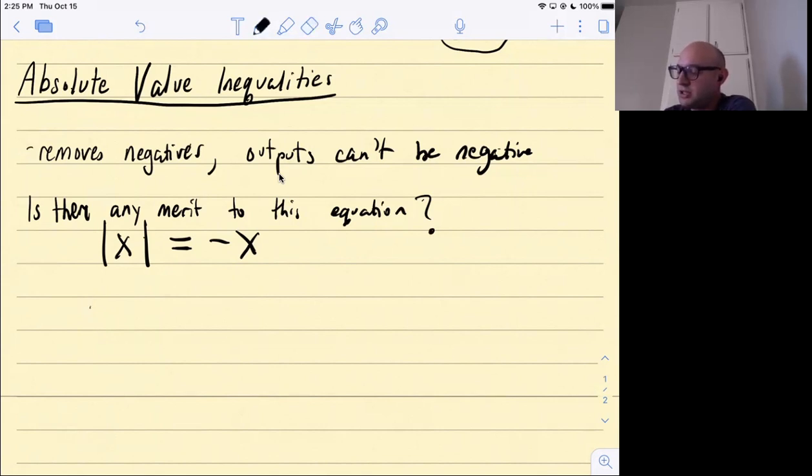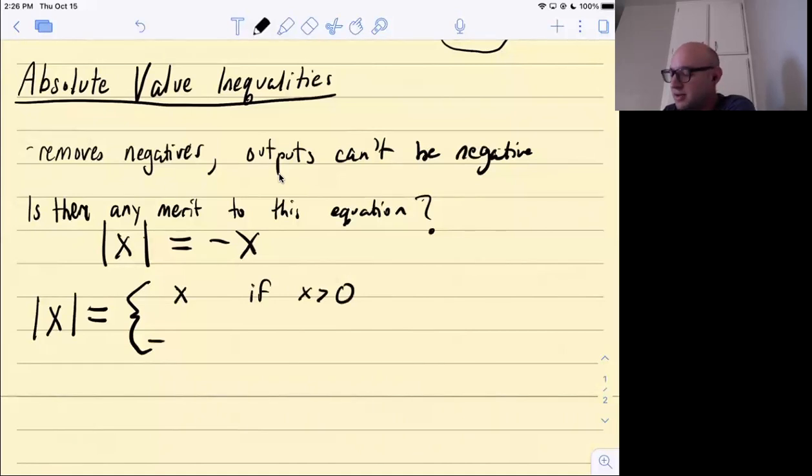One definition to consider is the following. And we're not going to really use this definition too much, but I just want you to be aware of it. Absolute value of x can actually be two different things. Sometimes it's equal to x if x is greater than 0, but other times absolute value of x is actually the negative of x.